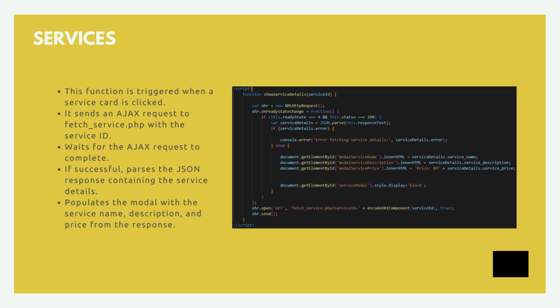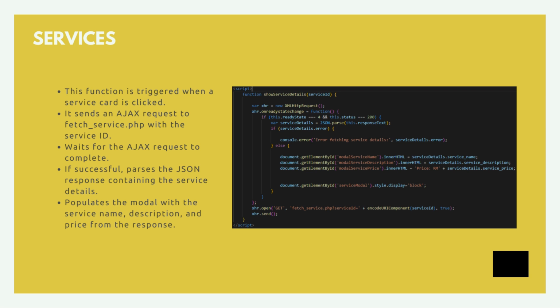And this is the JavaScript for the function show service details. This function is triggered when a service card is clicked, which is when the view button is clicked. It sends an AJAX request to fetch service PHP with the service ID, and then it will wait for the AJAX request to complete.